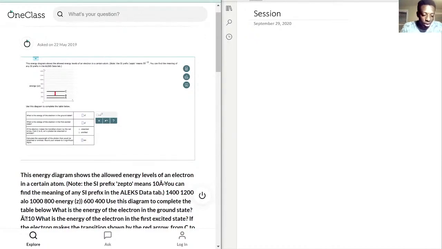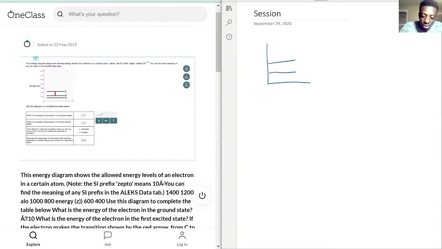Let's just draw what we see, okay? So the energy diagram shows energy levels of an electron in a certain atom. Just note that prefix, because zepto means 10 to the negative 21. It's important because you want to keep your numbers in the right place. So let's draw a mock version of it. I'm just going to draw the lines and what each of the lines signifies based on the chart.